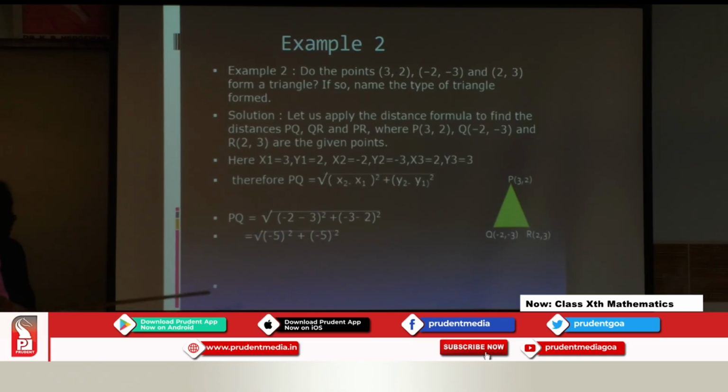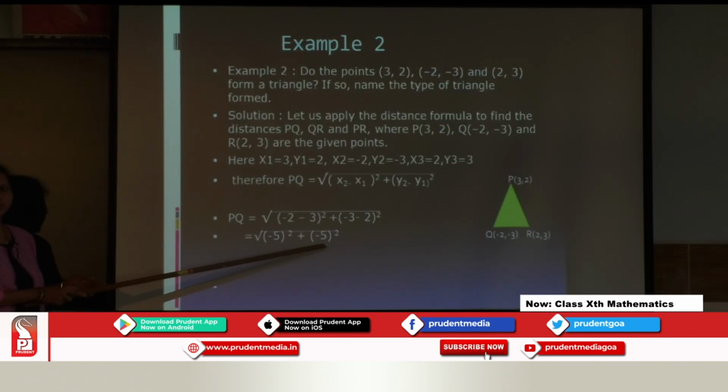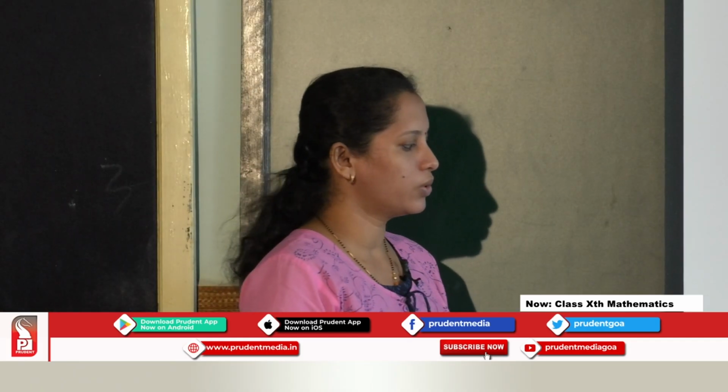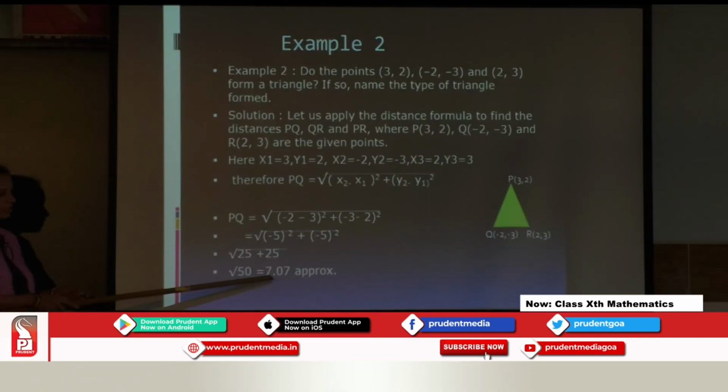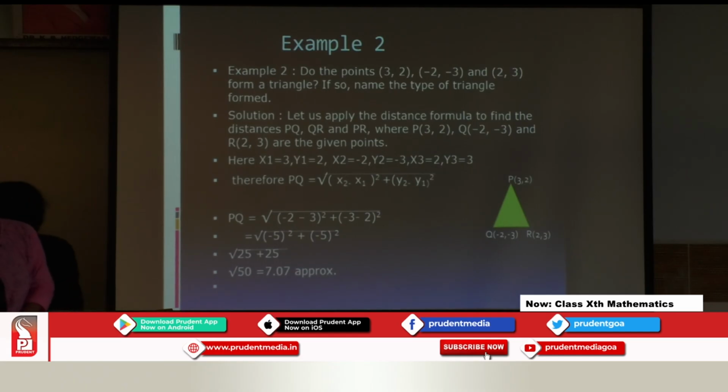The next step is root of (-5) squared plus 1 squared. (-5) squared is 25 and 1 squared is 1. So 25 plus 1 is equal to root of 26, which is approximately equal to 5.10. So now we got PQ.